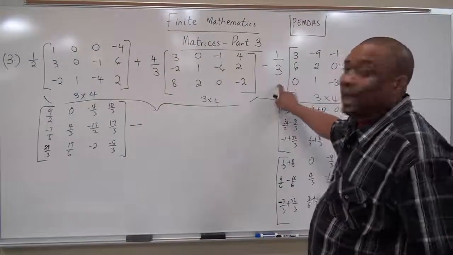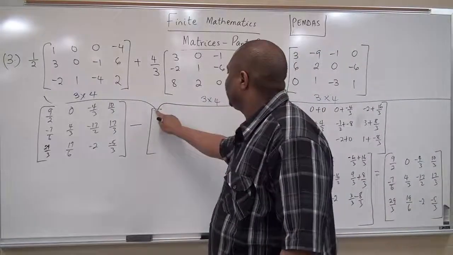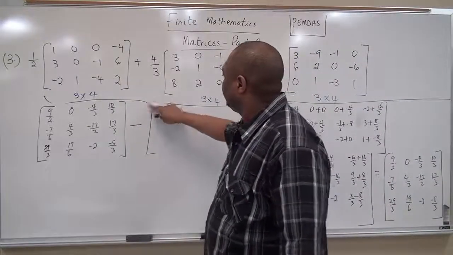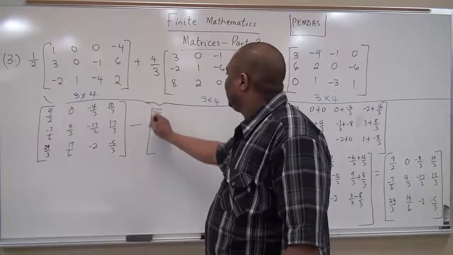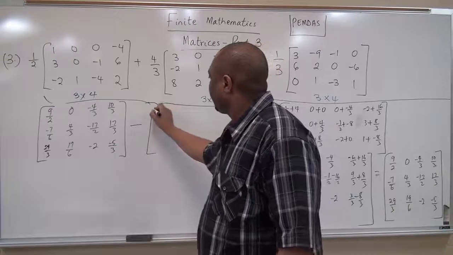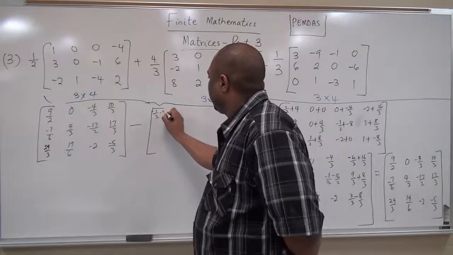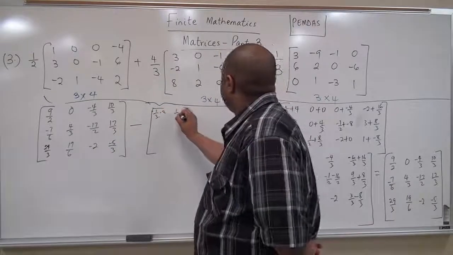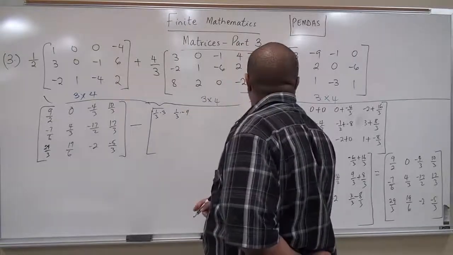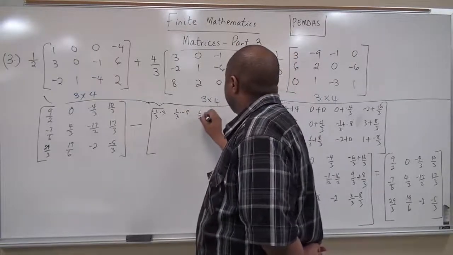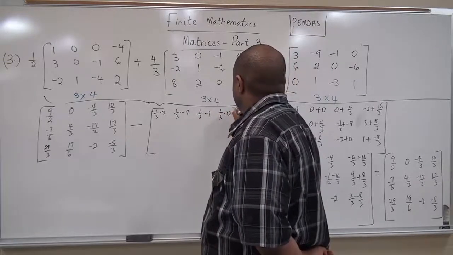Now, let's get this guy. Okay, now this will be what now? This is 1 over 3 times 3, 1 over 3 times negative 9, 1 over 3 times negative 1, 1 over 3 times 0.